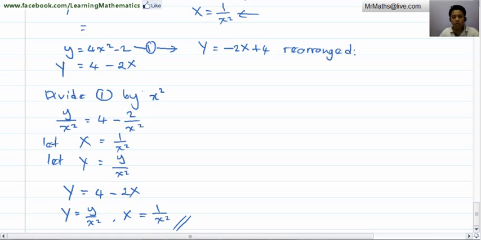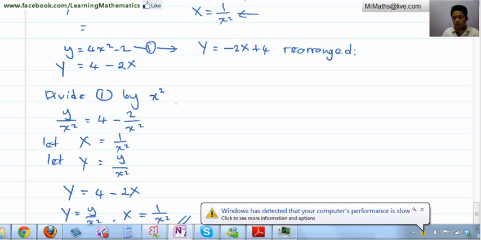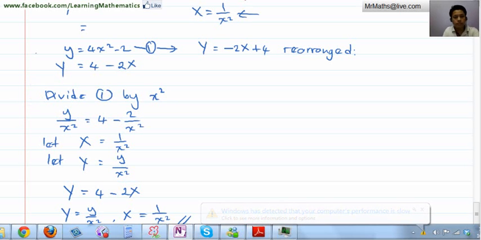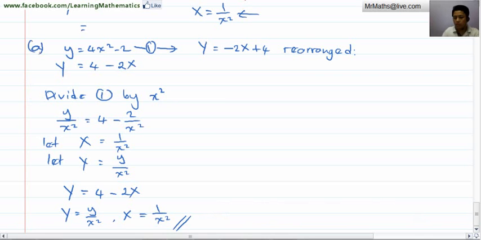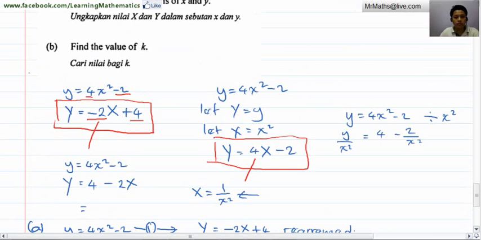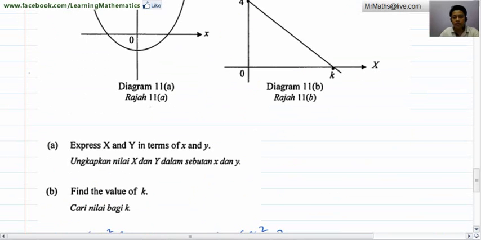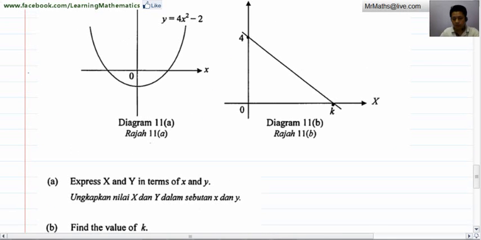So let's take a look at the second part of the question. This is A, so let's take a look at B. It's asking us to find the value of k. Let me put it here so that I can take a look at the chart.